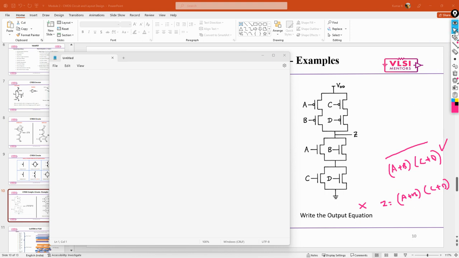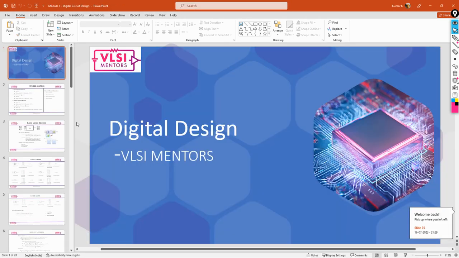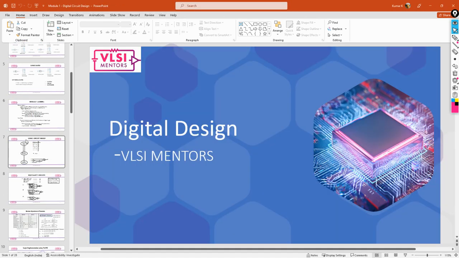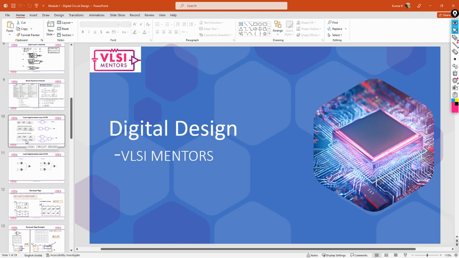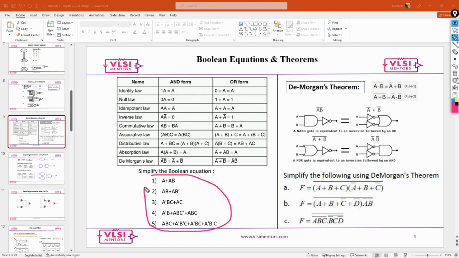Okay, now let's take a look at the homework part. Now I want you guys to solve this. I want you to draw the schematic for all of this.